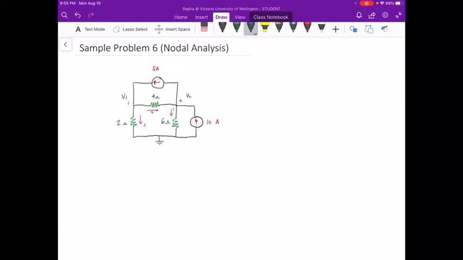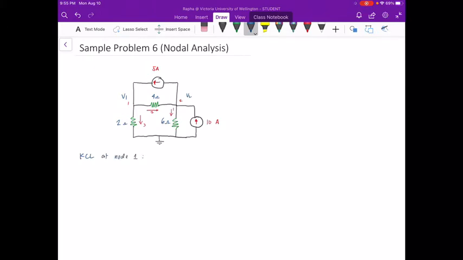Now let's go straight to step 2, wherein we will write KCL equations for these two nodes. So we have KCL at node 1.